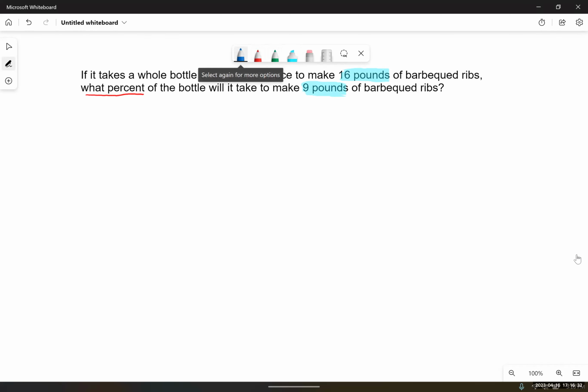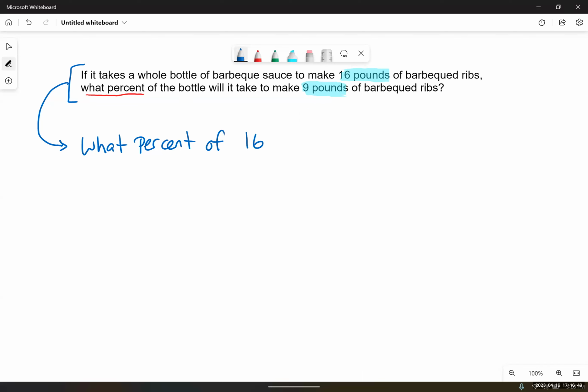So if we translate this word problem into an is-of statement, we could say what percent of 16 is 9, or 9 is what percent of 16. The order doesn't matter. The whole amount follows the of, the part follows the is, and we're looking for the percent.